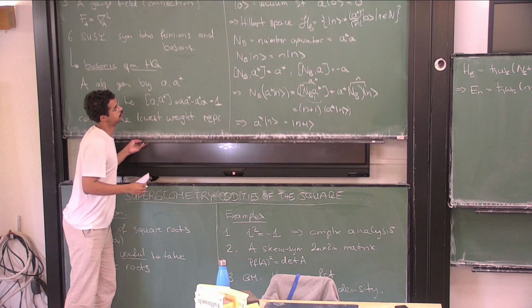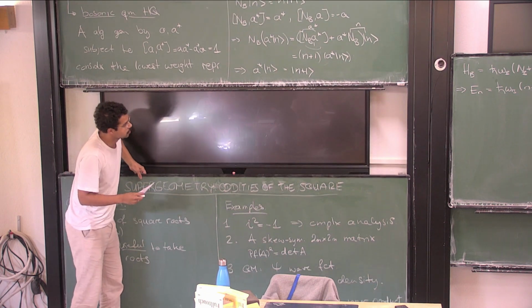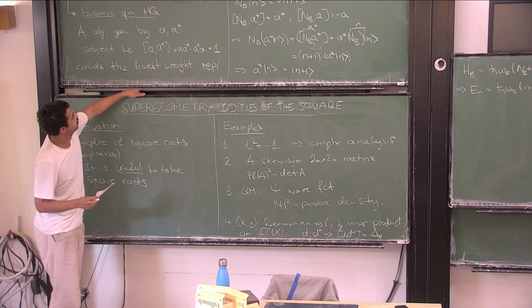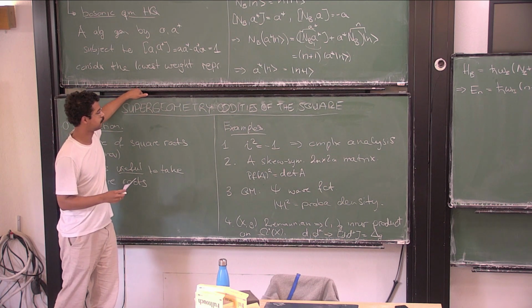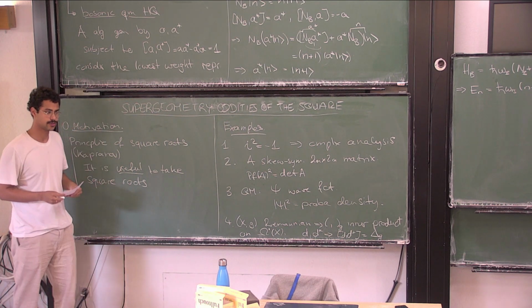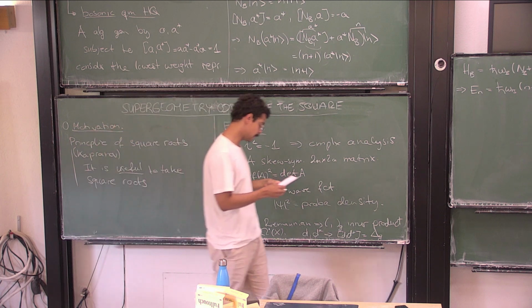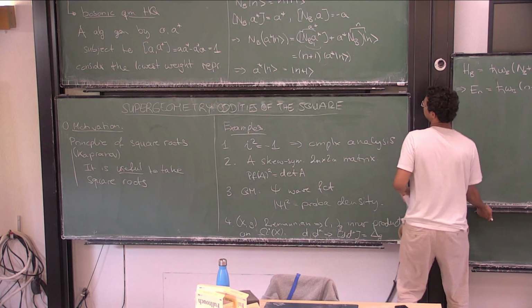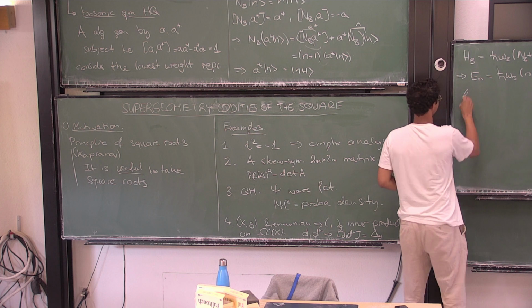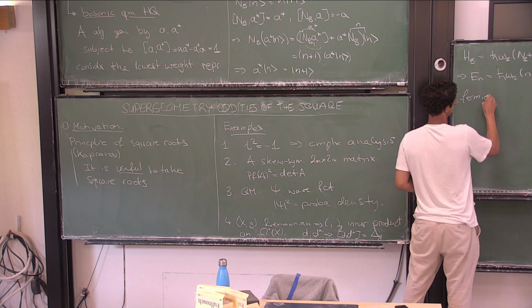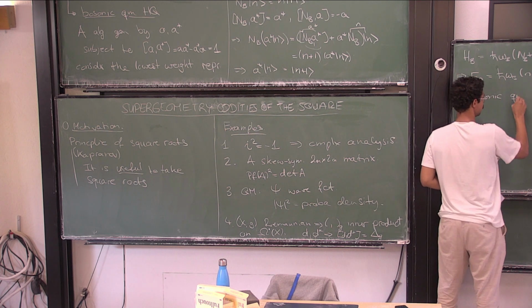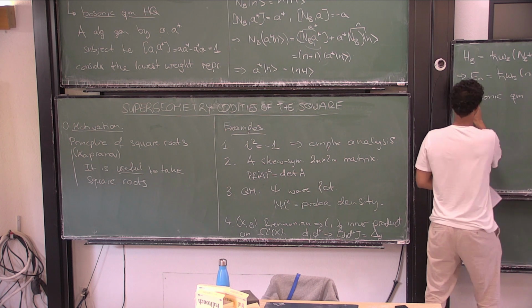Okay, so let's see what happens for fermions. These were the bosons, and let's see how we would do the same for the fermionic quantum harmonic oscillator.